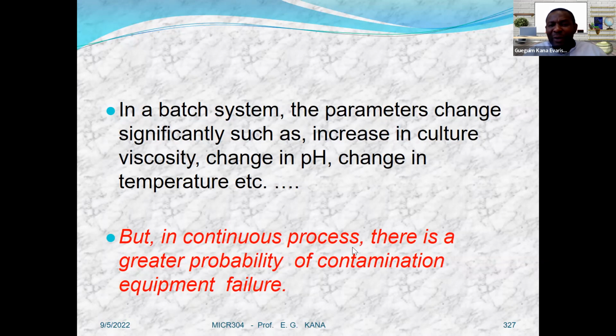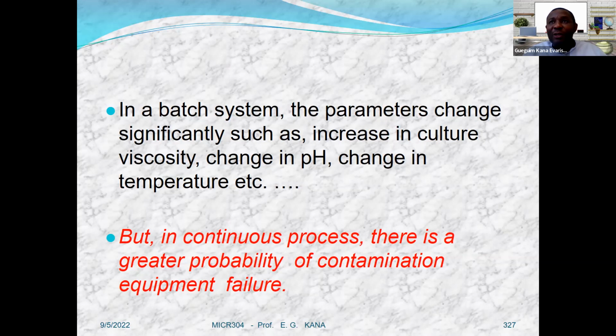In terms of productivity, the continuous system is quite superior to the batch system. However, as we covered at the beginning of today's lecture, contamination in the continuous system is going to be a bigger problem than in the batch system.